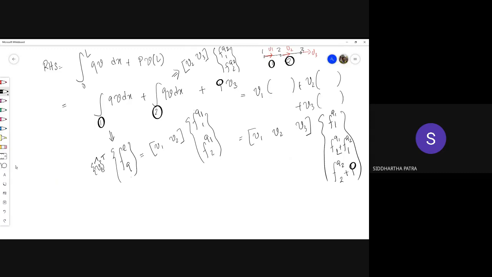And again, for the force vector, what we did was simply adding the coefficients of the like terms. So v2 was present in the first element and v2 was present in the second element. So we took the term for v2 and added them up.